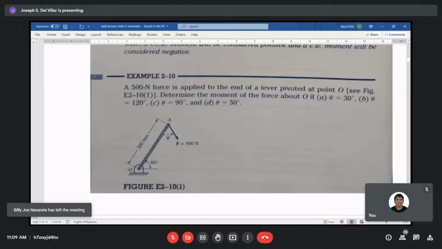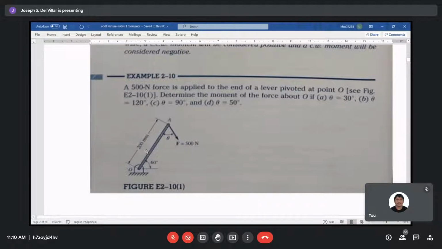So that means to say, the component that is perpendicular to the lever is the opposite of the angle. Diba? So that is opposite. So 500 sine 30 times 0.2.